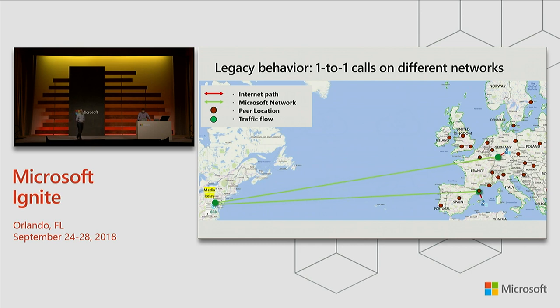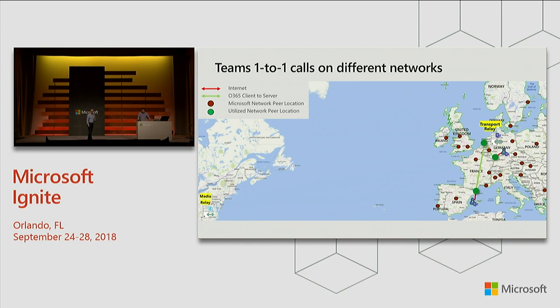So we've done a bunch of work around a newer option, and this is the behavior that you'll see with Teams. It's also true that there are a subset of Skype for Business Online customers who've also been onboarded to this behavior as well. But think of this as the Teams behavior. Now what we're doing is, instead of actually going to the location where the tenant was created, this is a North America tenant, remember, to relay that media, we're going to a transport relay, and we're getting to that transport relay via anycast routing.